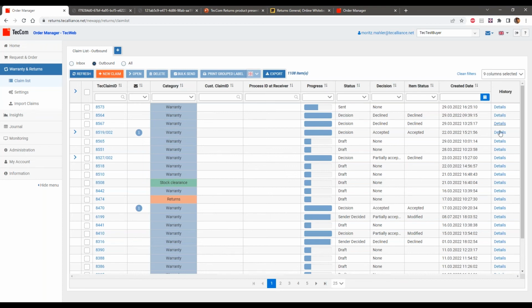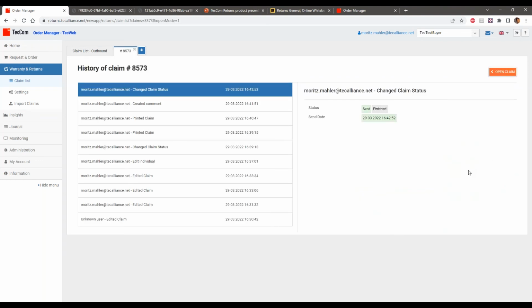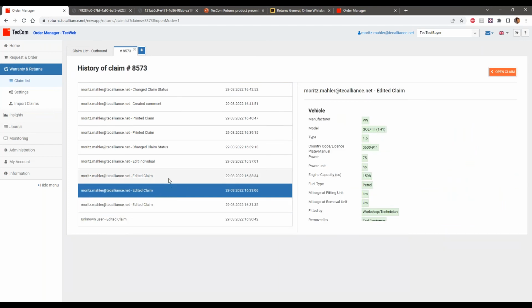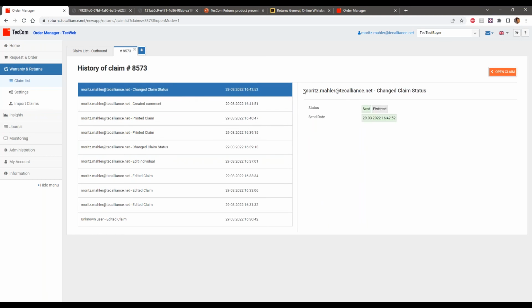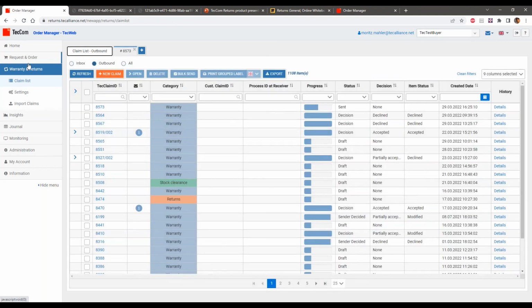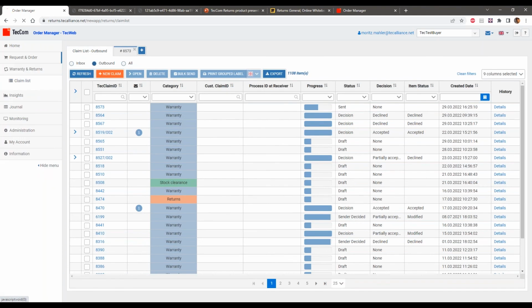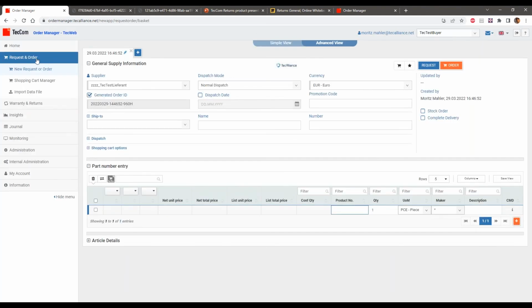We have also the possibilities that we have here a history. Why is a history needed? So you see here all the changes I've made on this claim. I changed the status from finished to sent at this date, at this time, and so on, which is really important because in the beginning I said this solution could be or is open at every one of your traders.